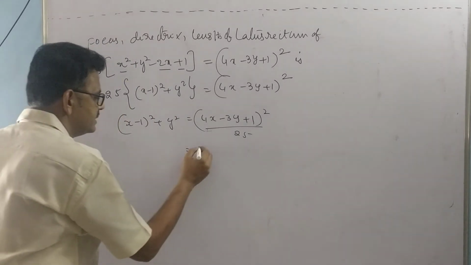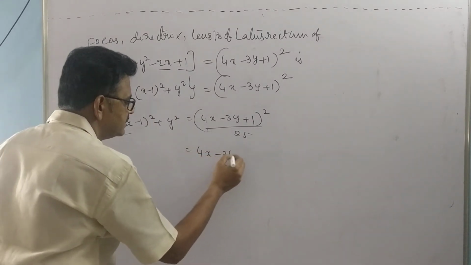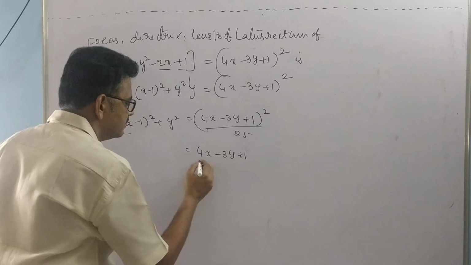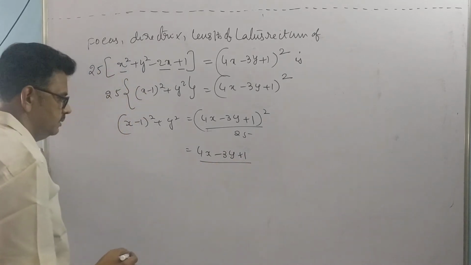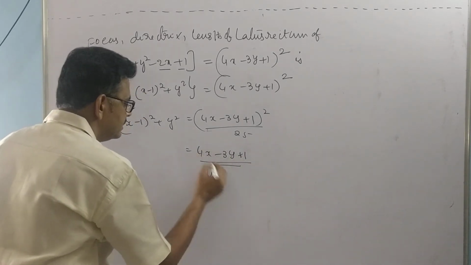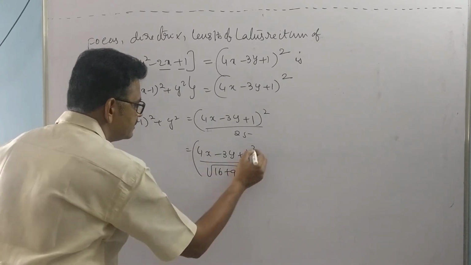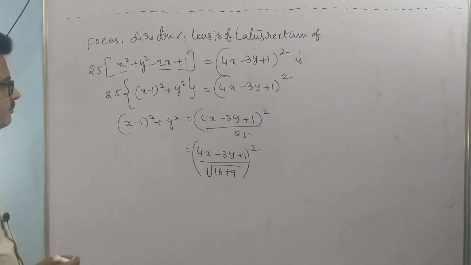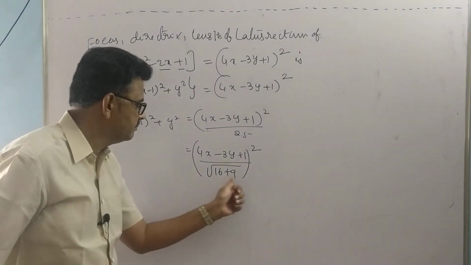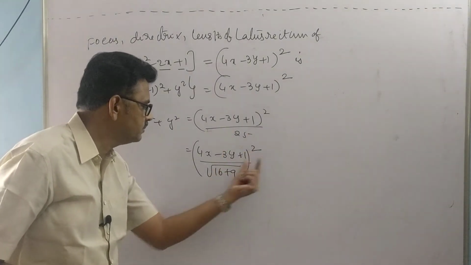So you write 4x minus 3y plus 1 by root of 16 plus 9 whole square, which becomes 25.